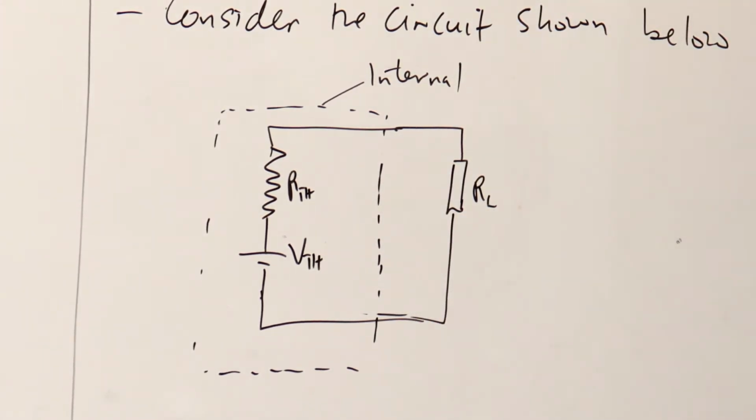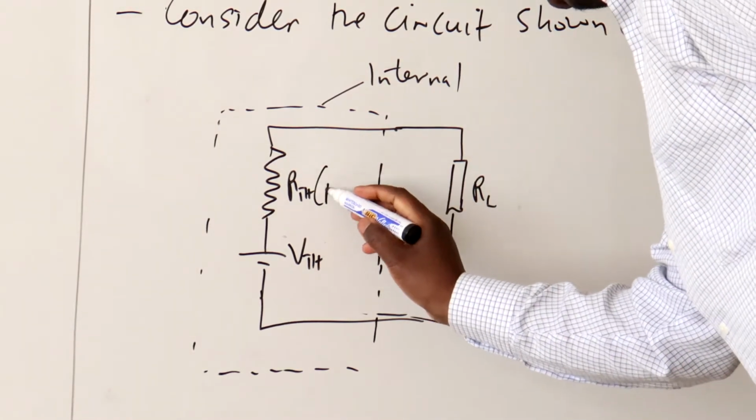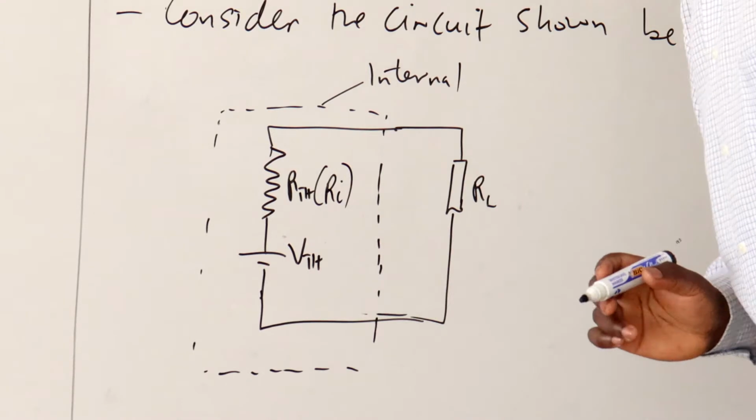In this example circuit, RTH can also be abbreviated as RI, the internal resistance.